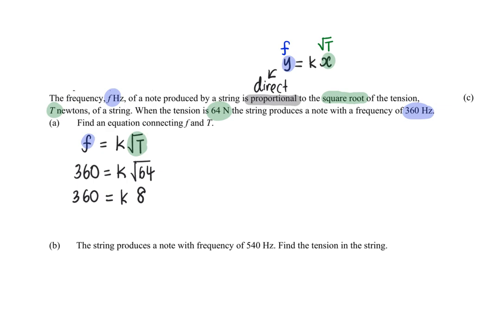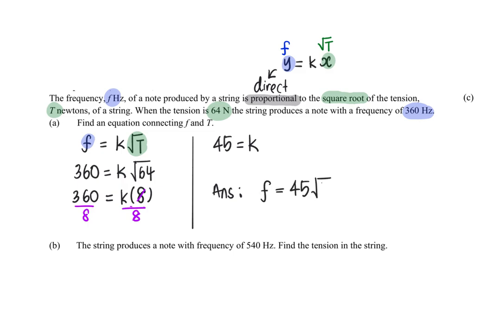Square root 64 is 8, and therefore I'm going to divide by 8 on both sides, so that I will eventually get the value of k, where k is equal to 45. And the moment I have 45 as k, I can then write the equation. So the answer would be f equals 45 multiplied by the square root of t.